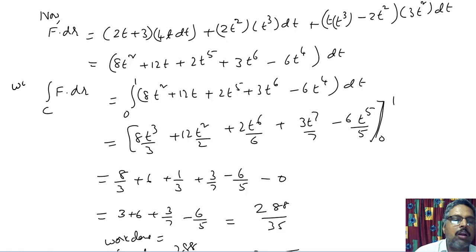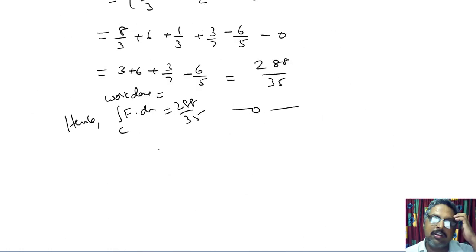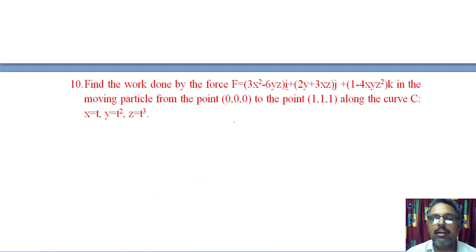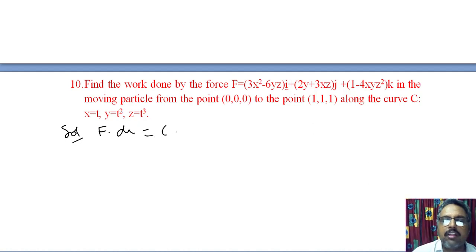Now dx equals dt, dy equals 2t dt, dz equals 3t square dt. Just substitute all these values, x, y, z in f dot dr, and dx, dy, dz values. So you will get an expression entirely in terms of t.